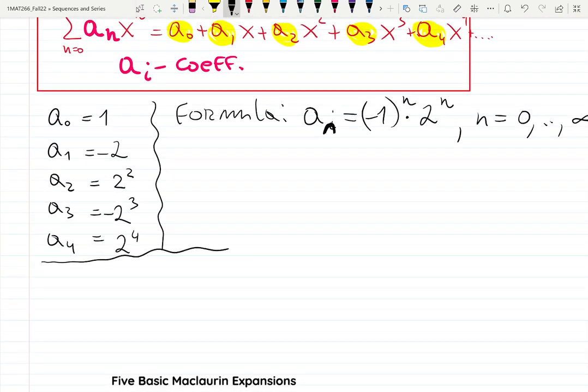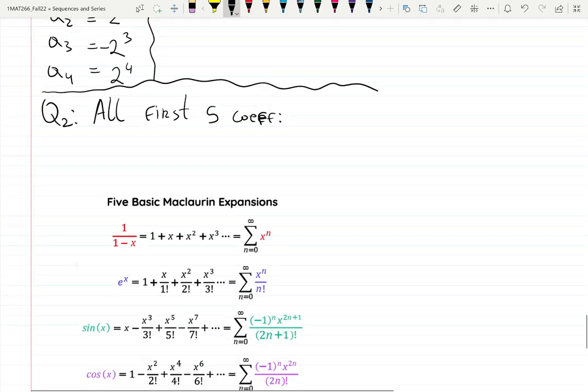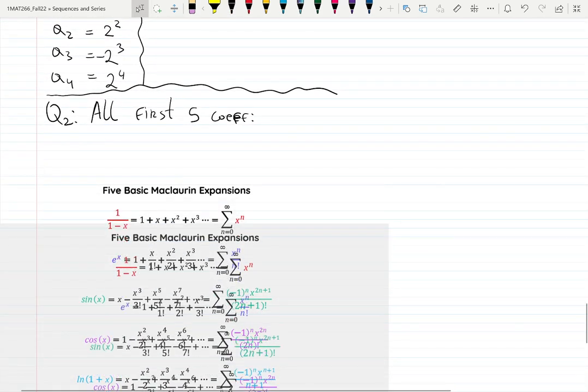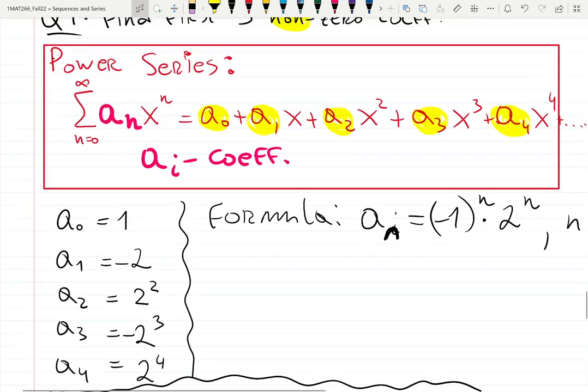Why is it a different question, and that's a bit confusing to explain. If we ask for all first 5 coefficients with zeros, what is going to be the difference? That confuses people so much because you need to understand what is missing.